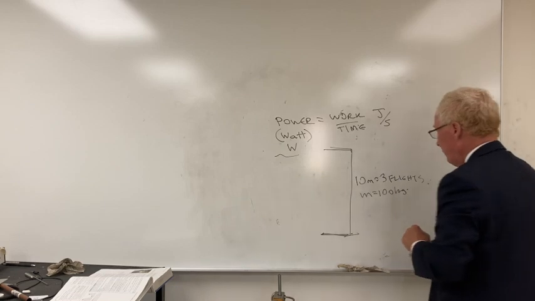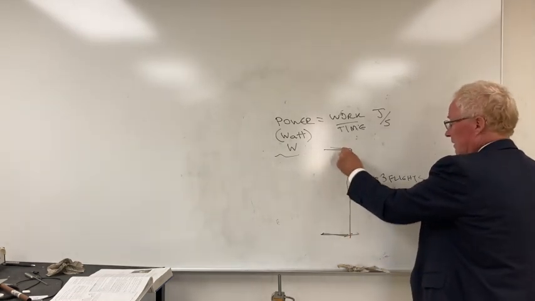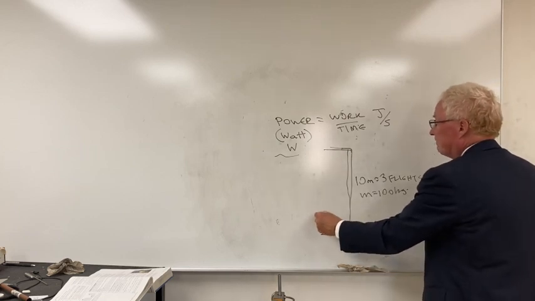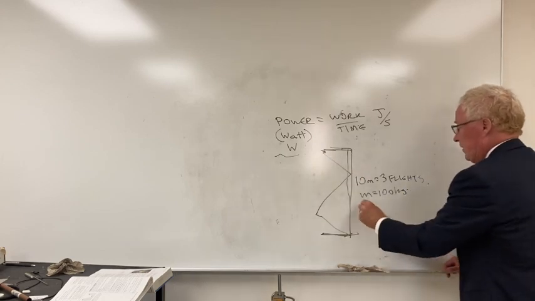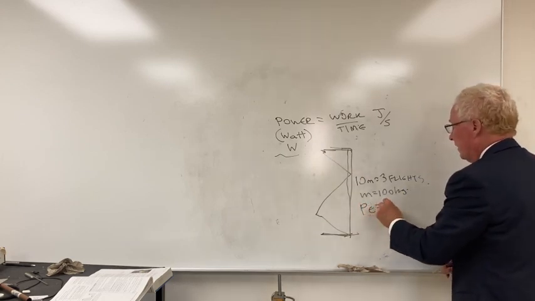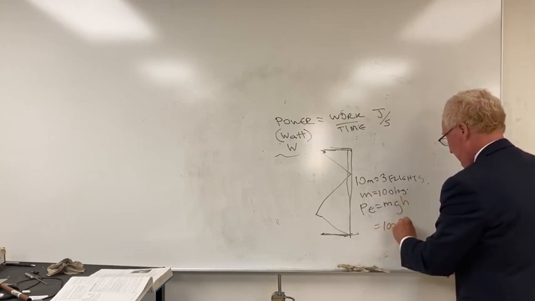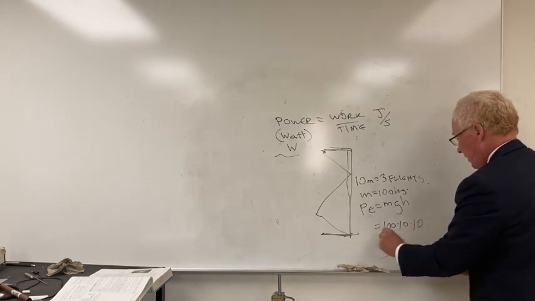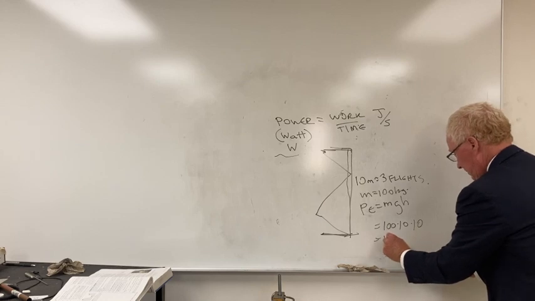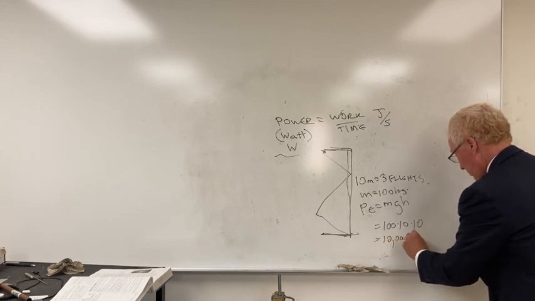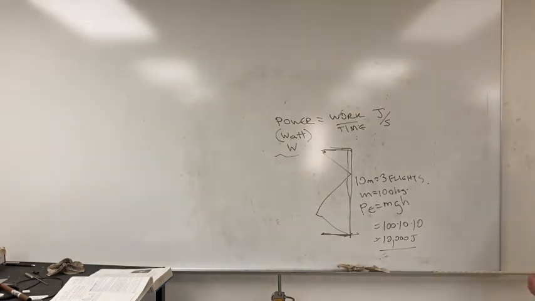How much energy does it take to climb those 3 flights of stairs? The potential energy, or the energy it takes, is mgh, which would be 100 times 10 times 10, which would be 10,000 joules to lift yourself up 3 flights of stairs, about 10 meters.